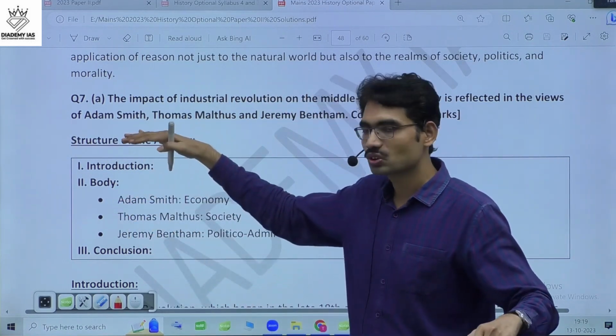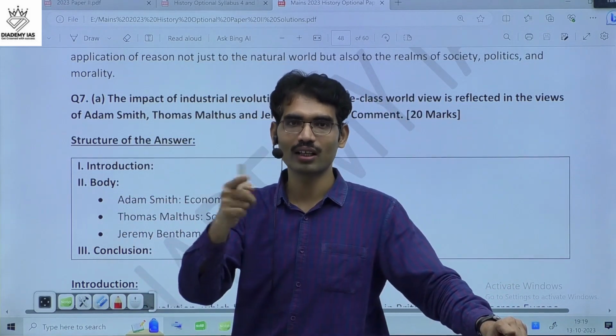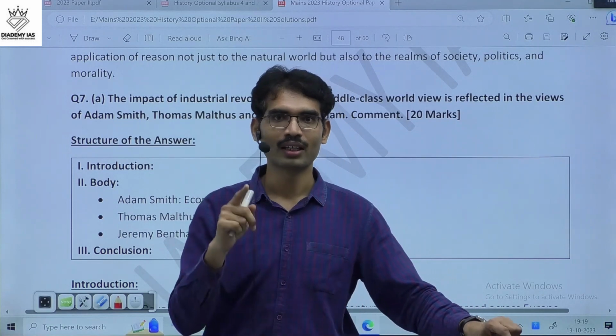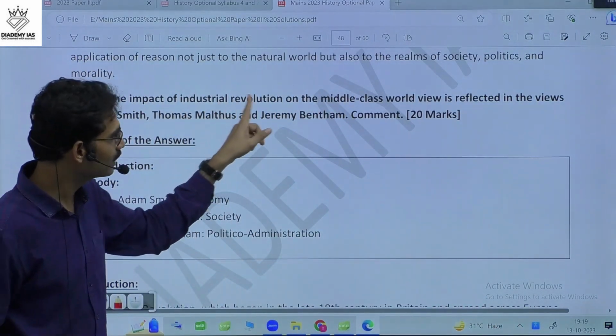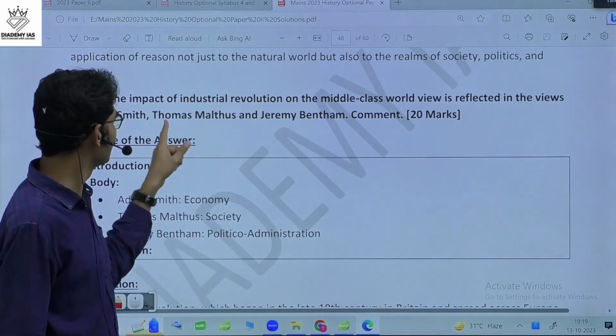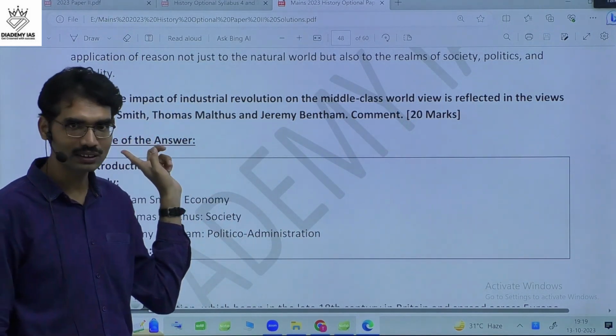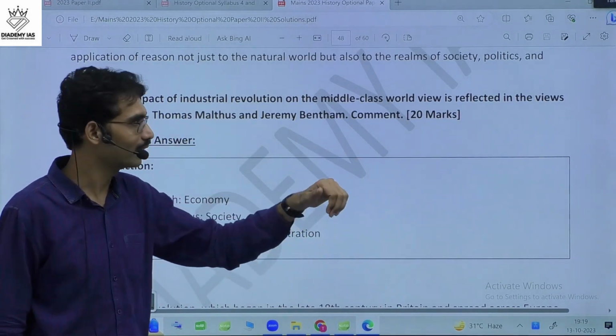Likewise, the population growth also will be curtailed through the natural calamities. That is social angle given by Thomas Malthus. Adam Smith represented economic angle. Thomas Malthus represented social angle.